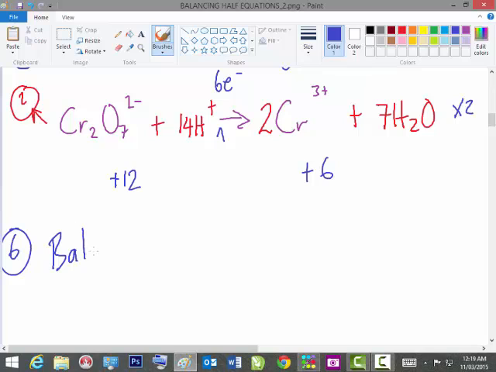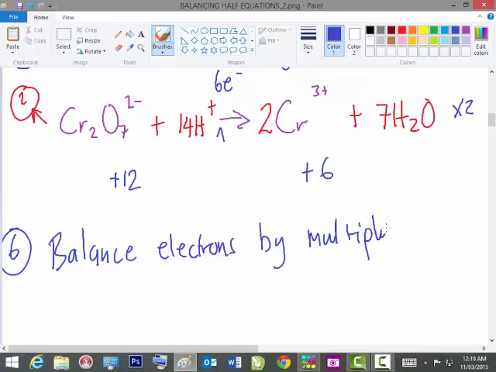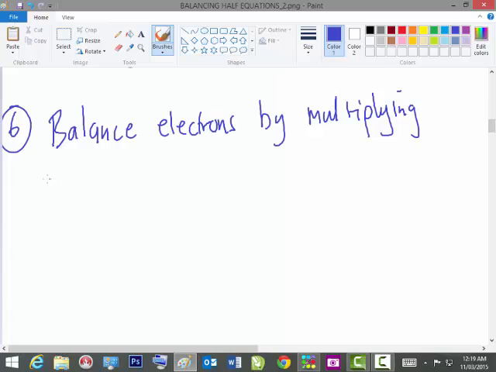So the 6th step is to balance electrons by multiplying each equation by a factor.